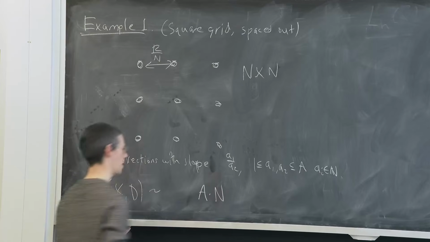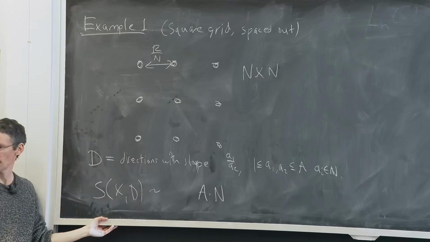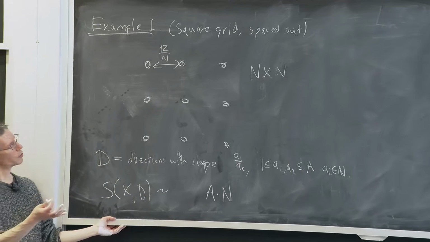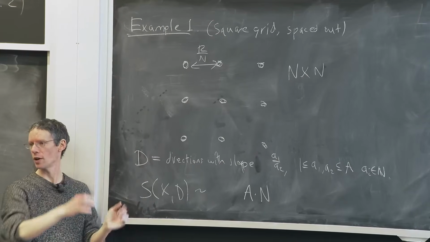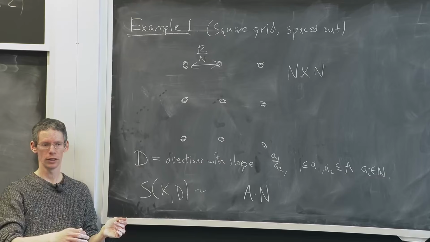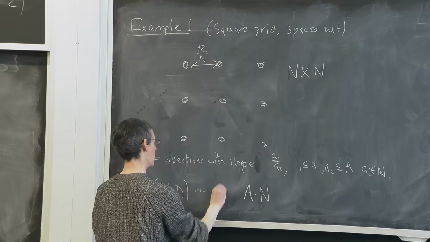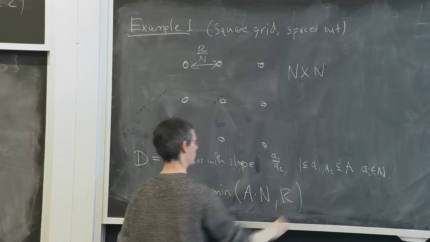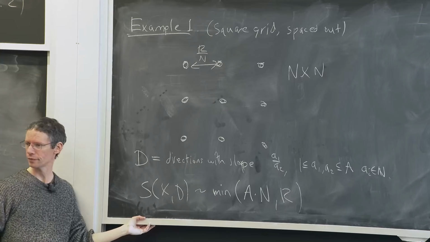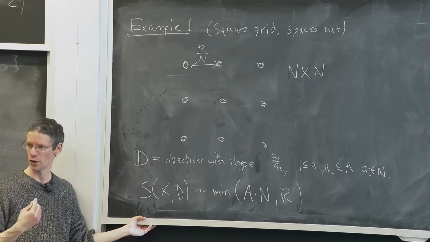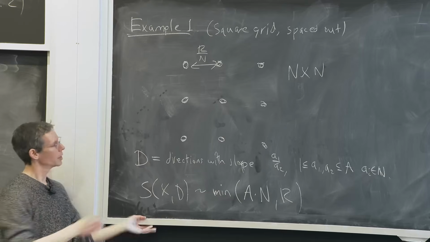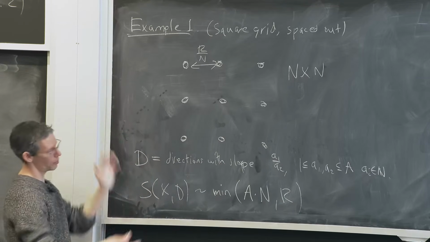A times n, that's the same thing we got before at the beginning of class. Except that the projection is never bigger than R. You project the whole ball of radius R, you get an interval of length R. So it's never bigger than that. So I'll put the minimum of this and that. OK. There was one scenario. This is an integer grid, which was an important example before. But another thing you can do is you can take these points and clump them way together.